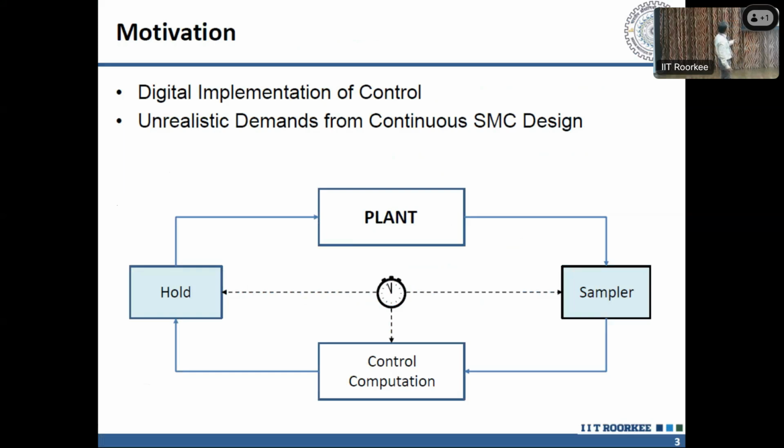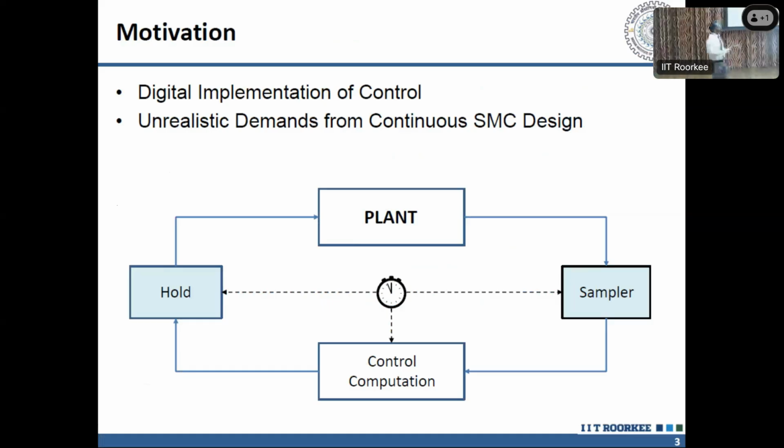So the first problem is that we have a digital implementation of control, so the continuous control cannot get applied. The second motivation is the unrealistic demand from continuous SMC design. This is specific to SMC. As you have already seen, SMC has this discontinuity, the switching function, and that cannot be implemented in the actuators.